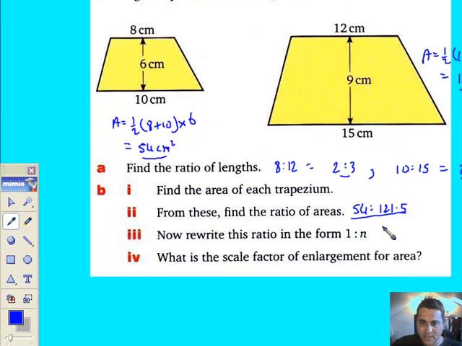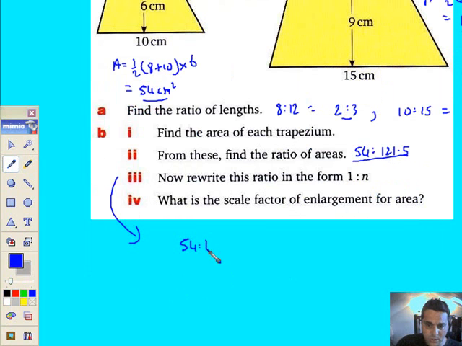Right. Rewrite the ratio in the form of 1 to n. Okay, let's just do this. So over here then, I'm doing part 3. So I've got 54 to 121.5. If you divide both sides by 54, then the left hand side turns into 1, doesn't it? Let's see what we get.